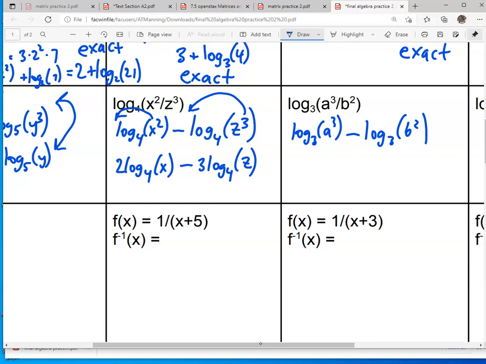And the rule of bringing the exponent out to the front, that becomes 3 log base 3 of a minus 2 log base 3 of b. That 3 and that 3, because it's log base 3, we can't do anything special. We just bring that out to the front of the logarithm. Exponents turn into multiplies.